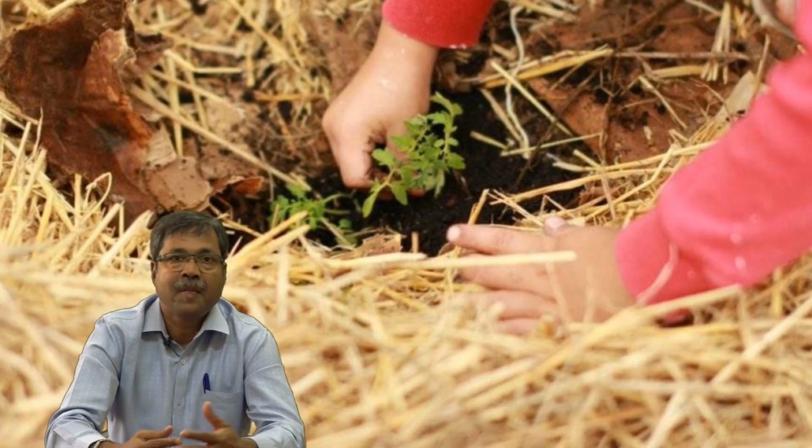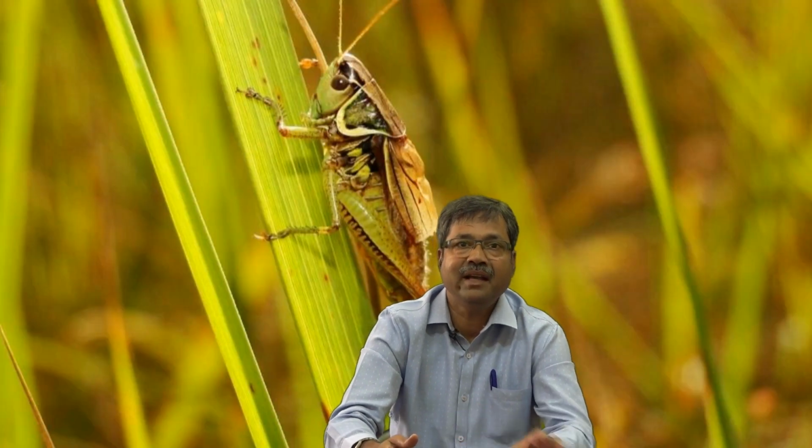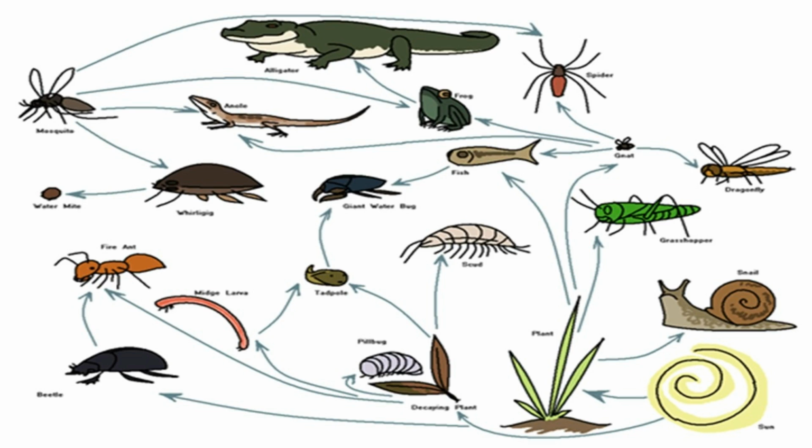For example, if we take a tiger, if it is not in a forest, the entire trophic structure is disbalanced or disturbed. Herbivory is not only deer or ungulates; herbivory is grasshoppers also.